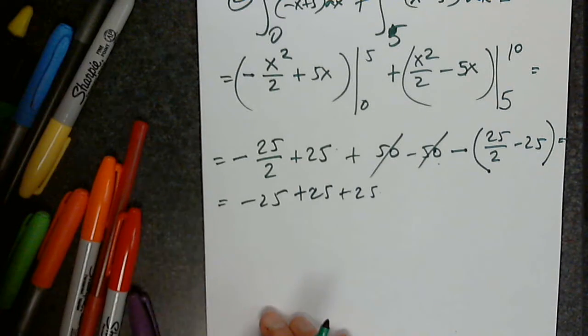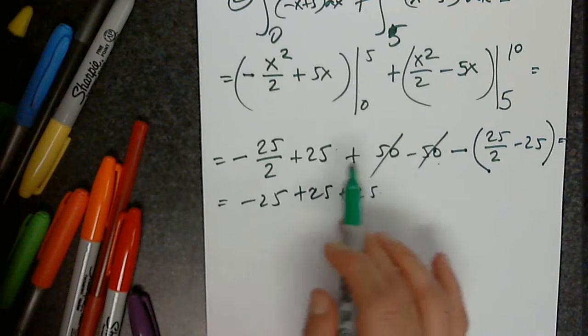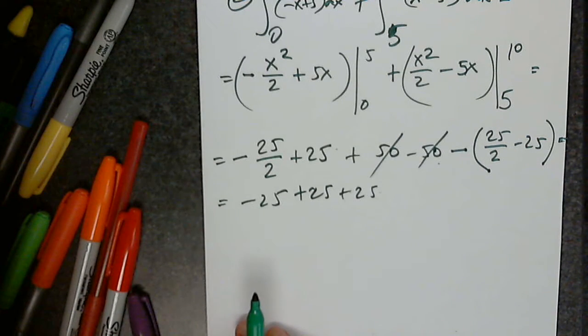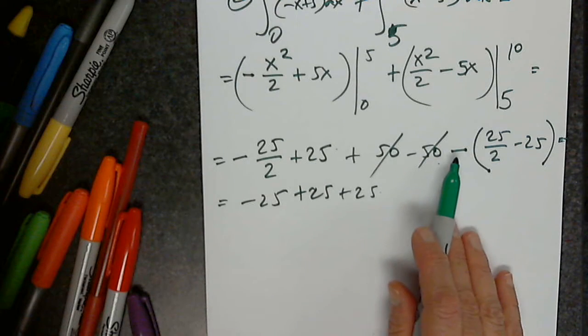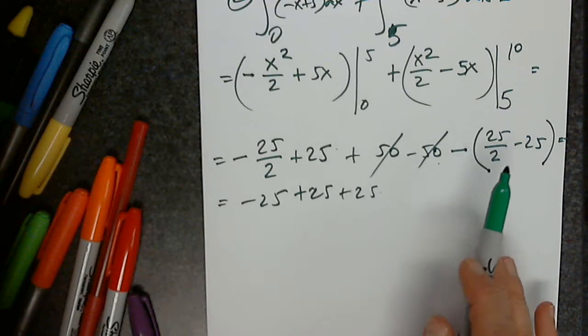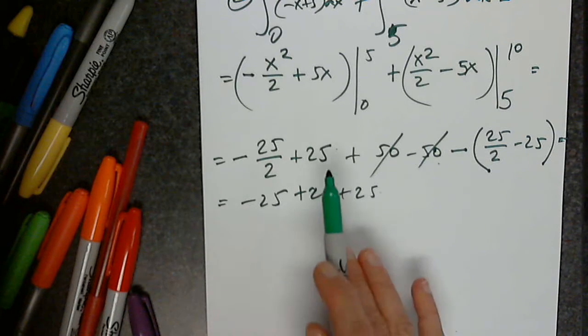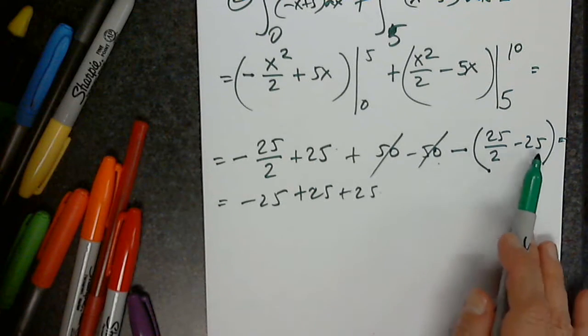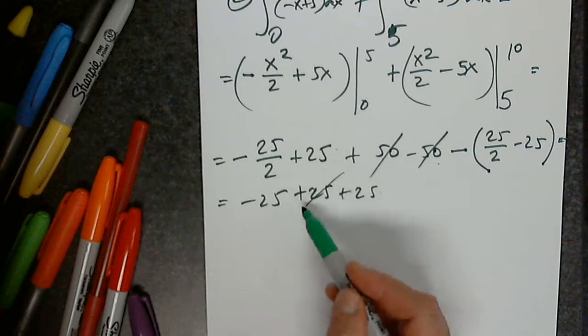So when you get a half of the 25, and you subtract. Yes, I have negative 50 divided by 2, which is negative 25. Then you get negative 25 over 2, but that's times the minus, right? So then that becomes a plus. And no, it's negative 25. Negative 25 over 2 minus 25 over 2 is negative 50 over 2, which is negative 25. Then I copied this 25, and then I copied this 25.